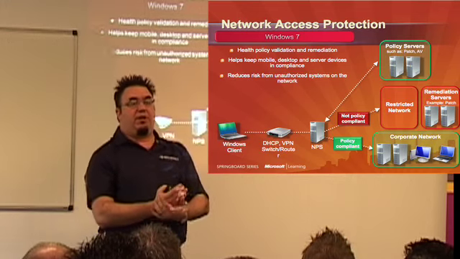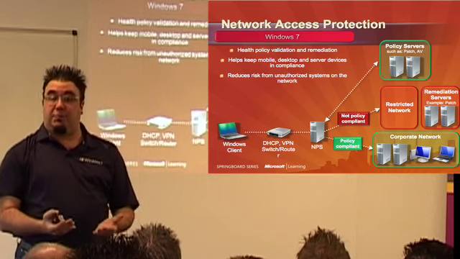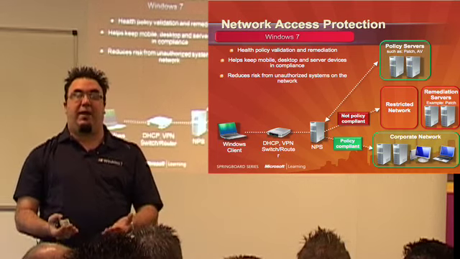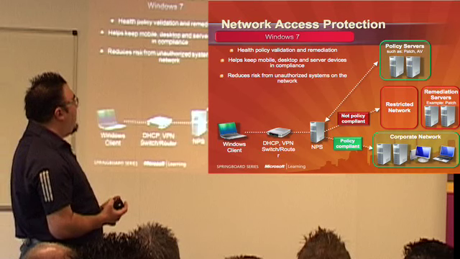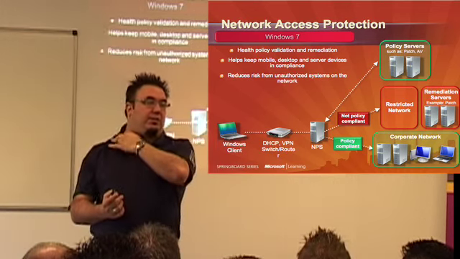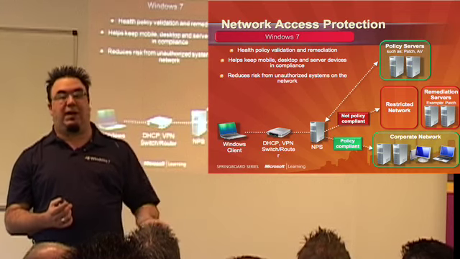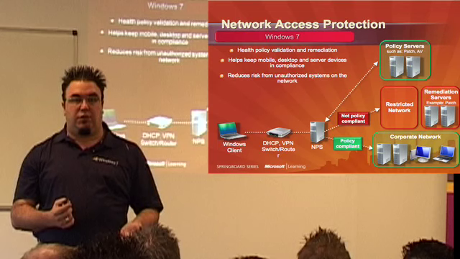If it says they're not policy compliant, depending on the rules you set up, you can put them into a restricted network where you have patching servers that push out those patches, and until that machine has those patches, they're not going to be accepted in. Or they can be moved to a policy server, and the policy server says, you know what, your antivirus is not up to date, or you haven't done a scan, or these features aren't turned on.